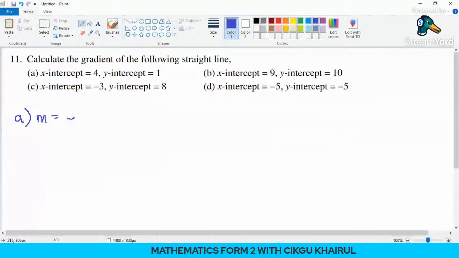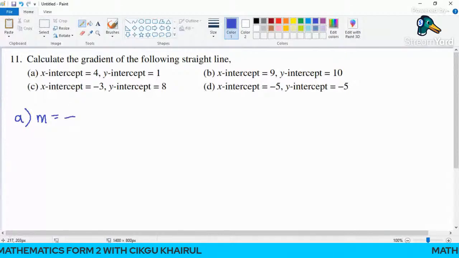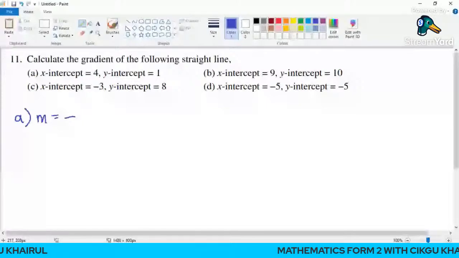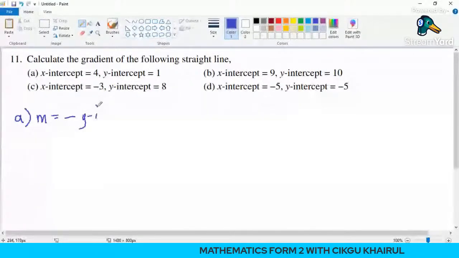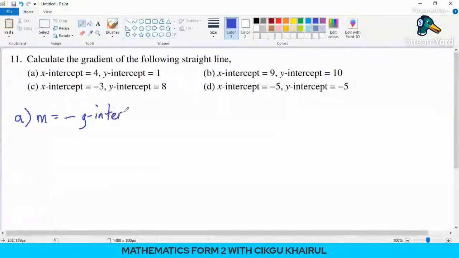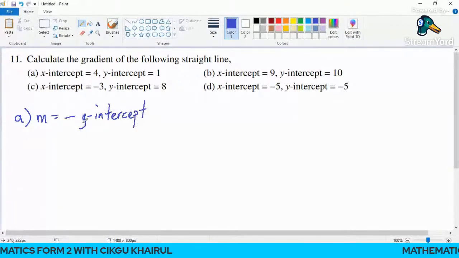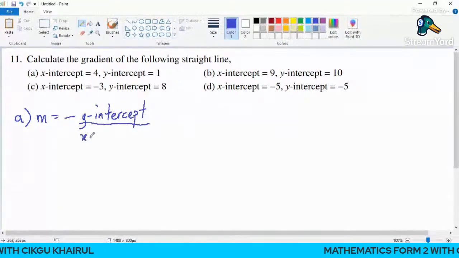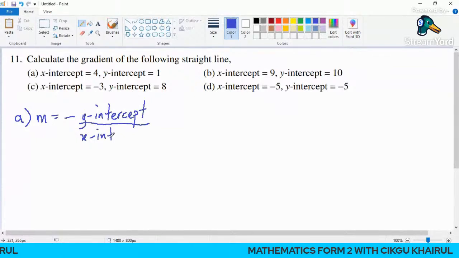For intercept formula, always start with negative. Negative y-intercept divide x-intercept.